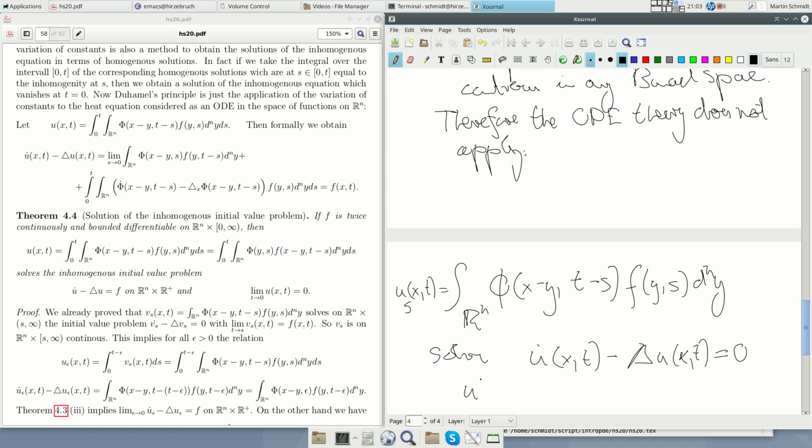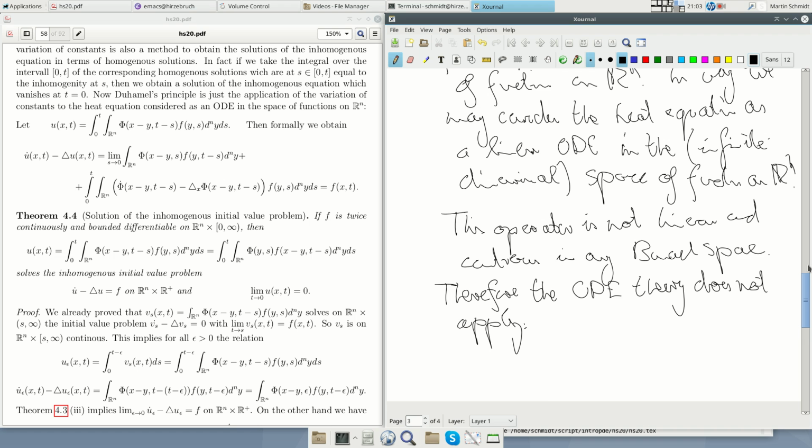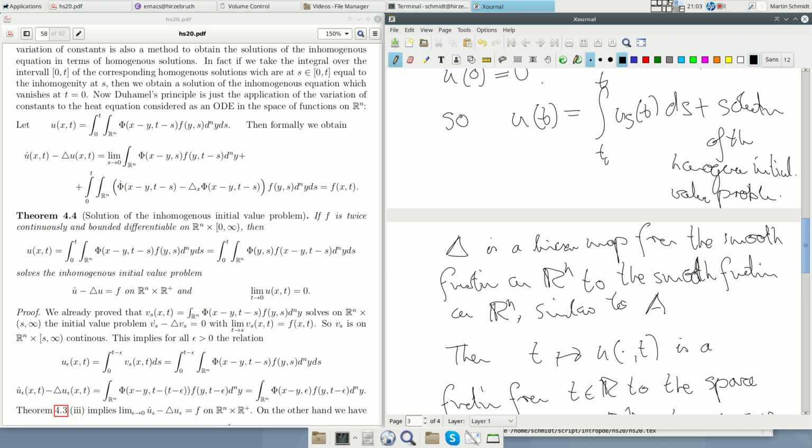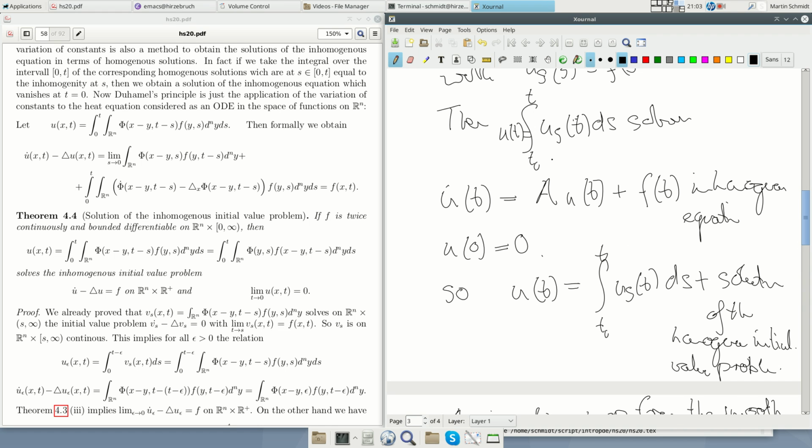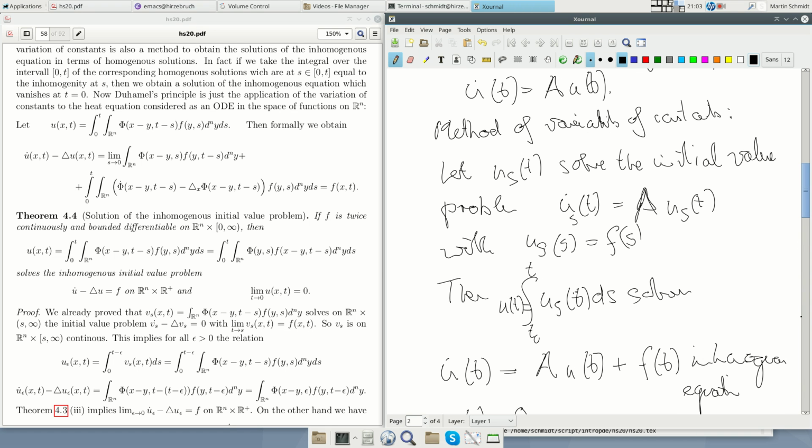The initial value is u of x, s, if we set t equal s, which is equal to f of x, s. So at s the initial value is the inhomogeneity. So this is completely analogous to what we had here for the ODE, to this u_s.